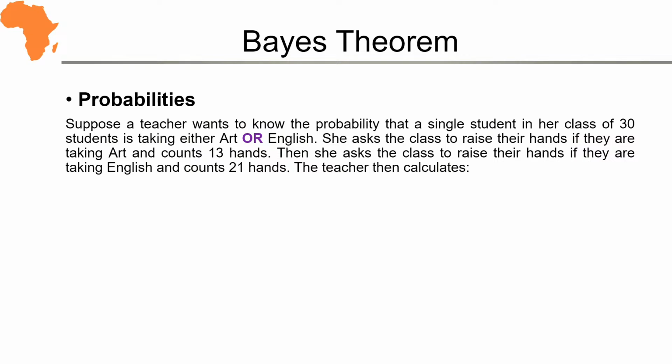Suppose a teacher wants to know the probability that a single student, so you guys here, you are 30, sindio? So, you want to know the probability that a single student in your class of 30 is taking either art or English. Sawa? The teacher asks the students to raise their hand if they're taking art, and they count 13.